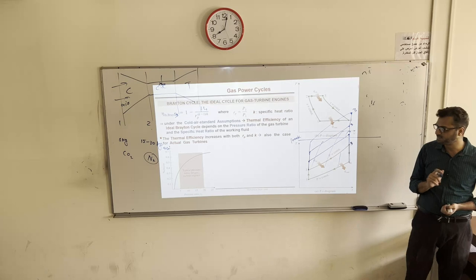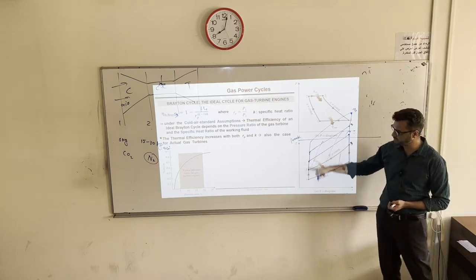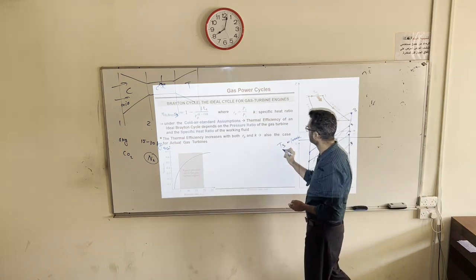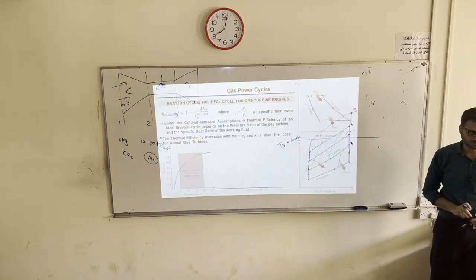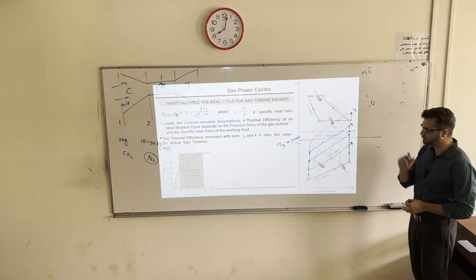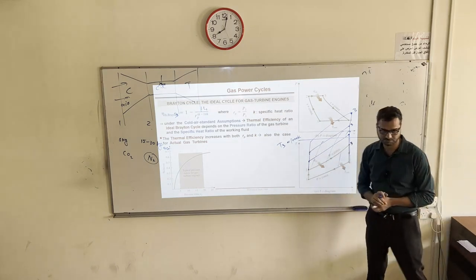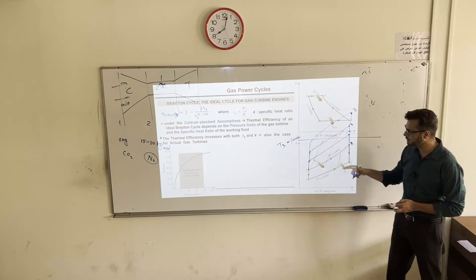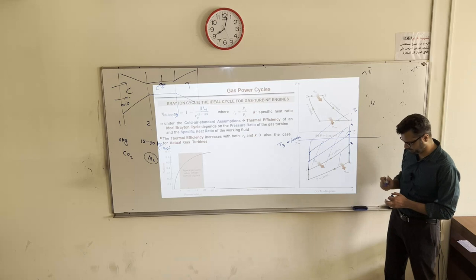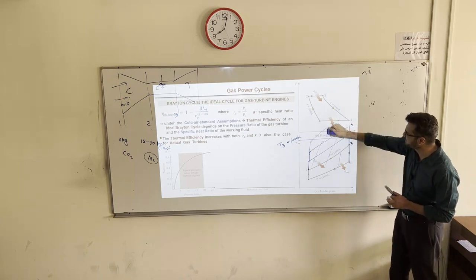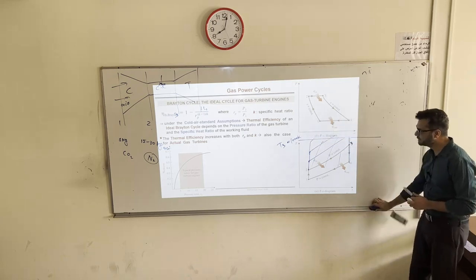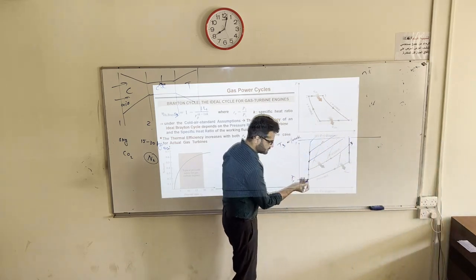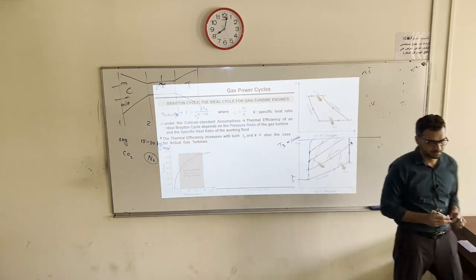So now you have to see the effect of pressure ratio by fixing T3, the maximum temperature. If you fix T3, so that you cannot go beyond this line, then let's do it again: the effect of pressure ratio by fixing T3 and T1. T1 is ambient, that is not in your control, that is the ambient temperature.